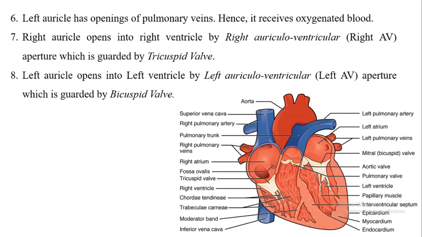Similarly, the left auricle opens into left ventricle by left auriculoventricular aperture, which is guarded by bicuspid valve. In the diagram you can see there is a labeling of tricuspid valve and here is a labeling of bicuspid valve, and this is the left auriculoventricular aperture, this one is the right auriculoventricular aperture.